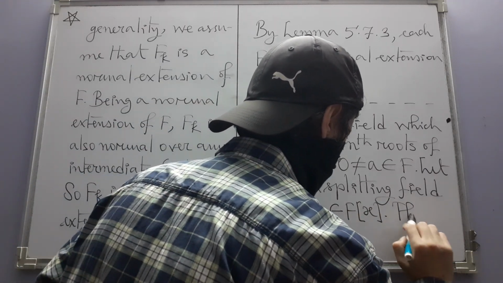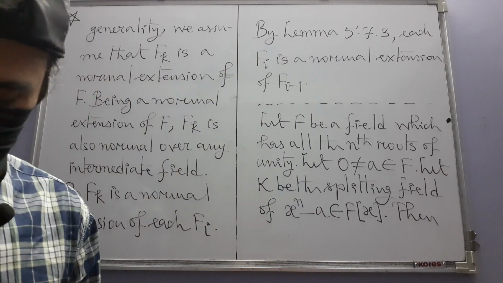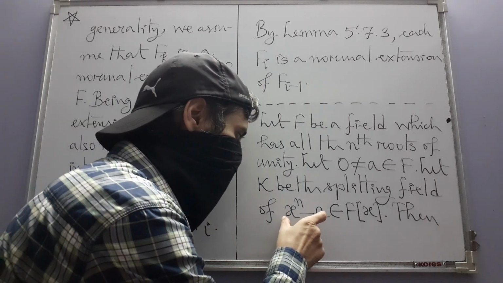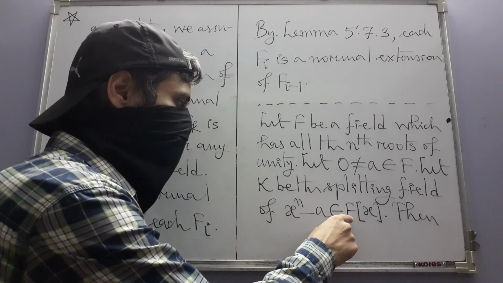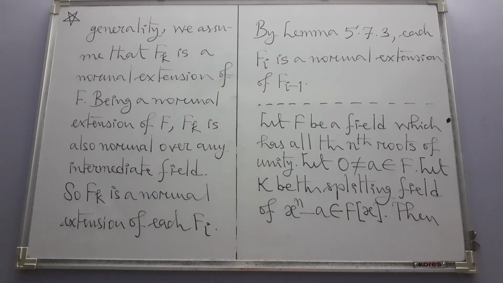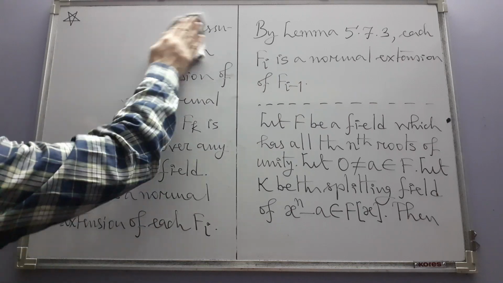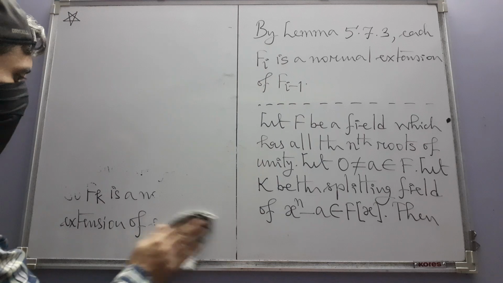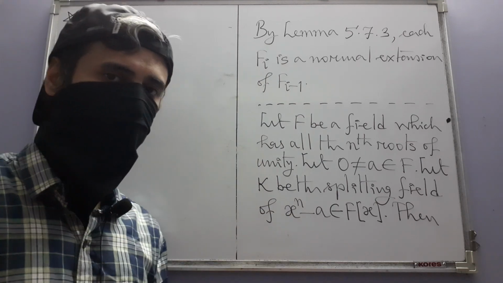Then there are two conclusions, right? The first of which says that if we take any root of this polynomial and adjoin that root to F, then that equals K. That is the first conclusion. And the second conclusion was that the Galois group of this polynomial over F is abelian.